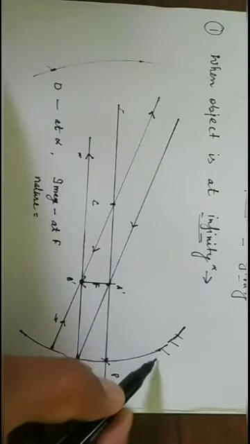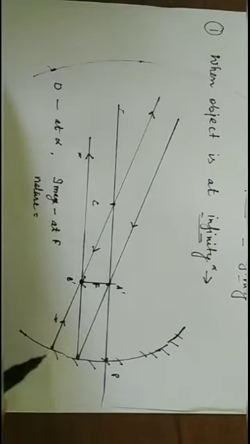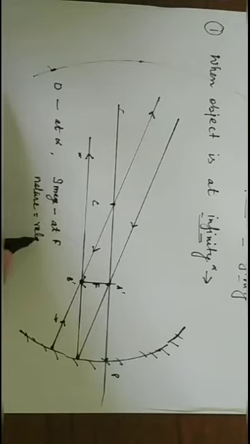So this is a mirror and the rays are actually meeting, so that is why its nature is real, and all real images are inverted, so it is real and inverted. What is its size? Size is highly diminished.